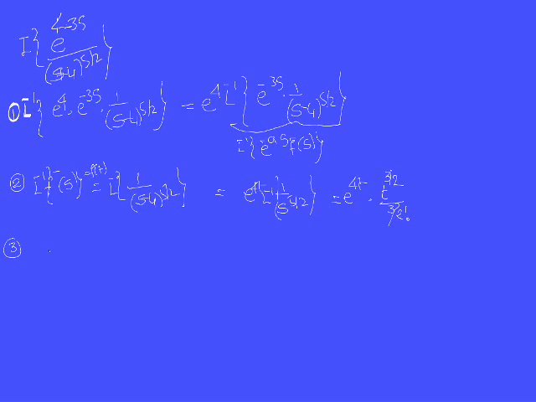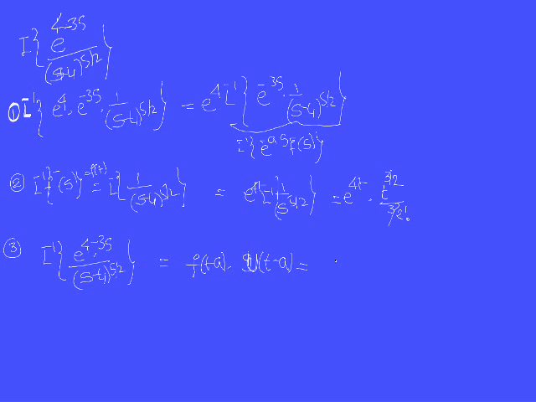Now L inverse of e power 4 minus 3s by (s plus 4) whole power 5 by 2 is equal to f of t minus a into u of t minus a.